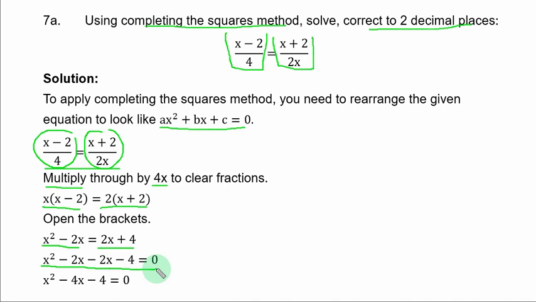If you add like terms, you have s squared minus 4s minus 4 equal to 0. We now have a proper quadratic equation. We can then apply the procedures involved using the completing the squares method.